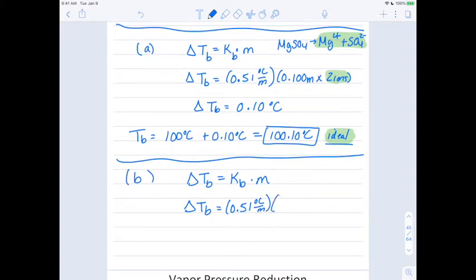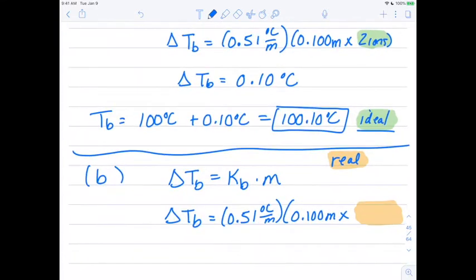Still going to have the same starting molality. All right, but what changes is the ions. So if this is a real solution, this right here is going to change.